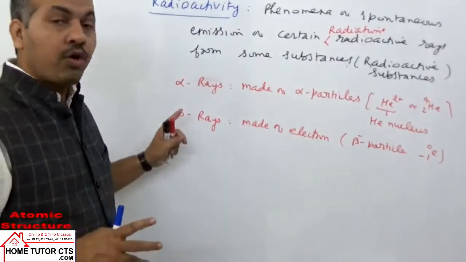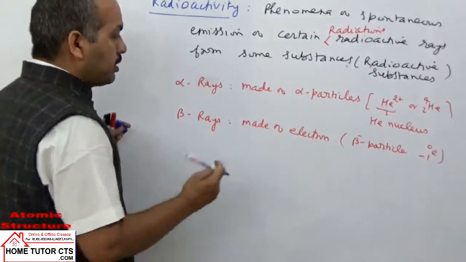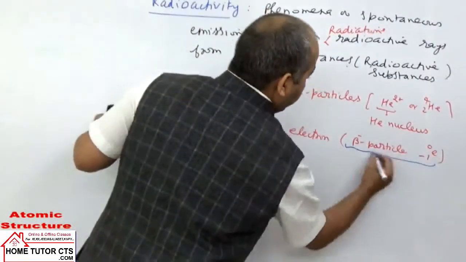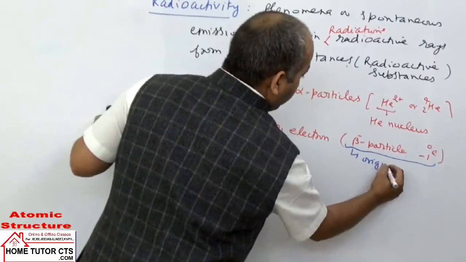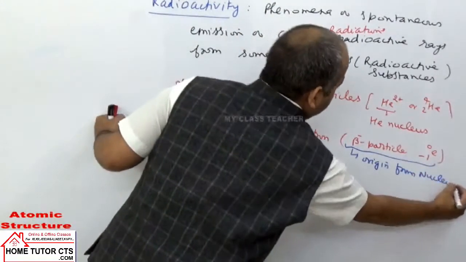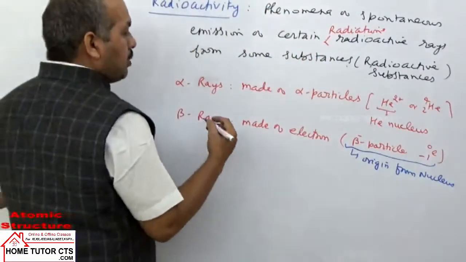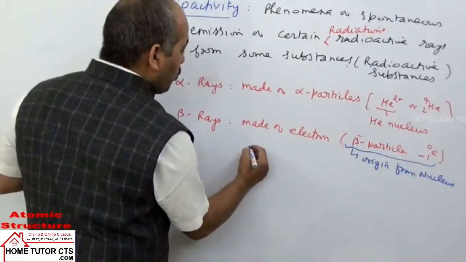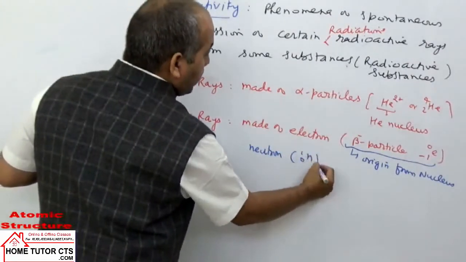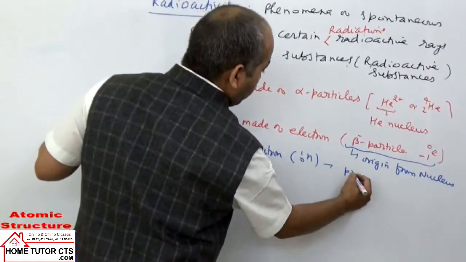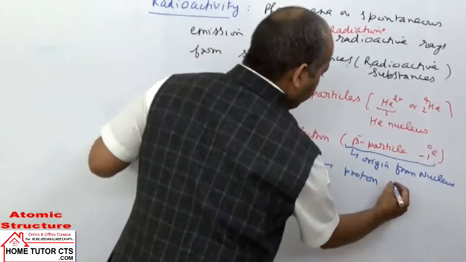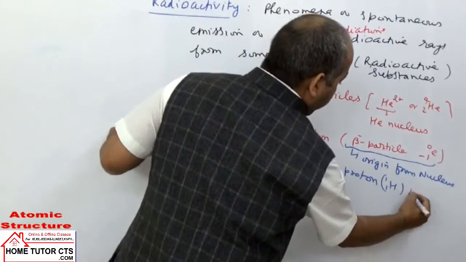Difference is only one, in origin. When you take beta particles, they have origin from the nucleus. From nucleus means in nucleus we have one neutron. It can decay to give one proton plus beta particle.